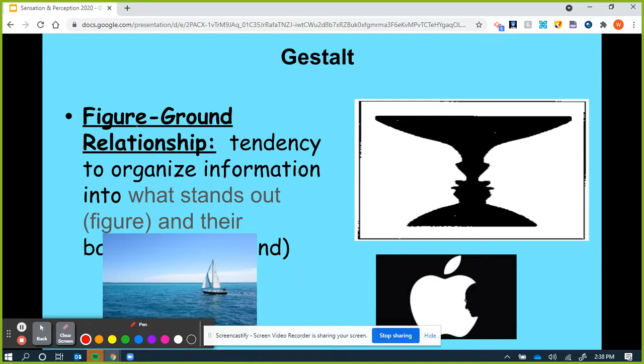The figure is what we are looking at, what we're listening to, whatever. The ground is everything that goes in the background. So essentially, we could call this what we are selectively attending to.